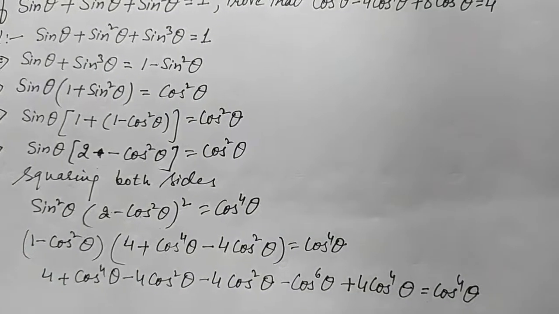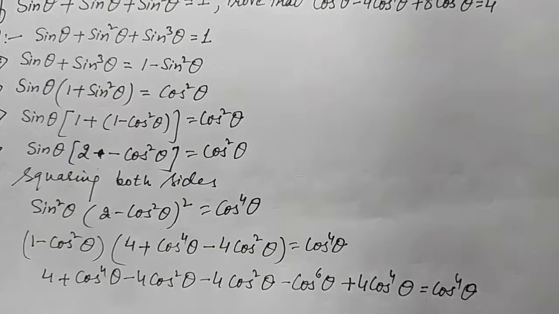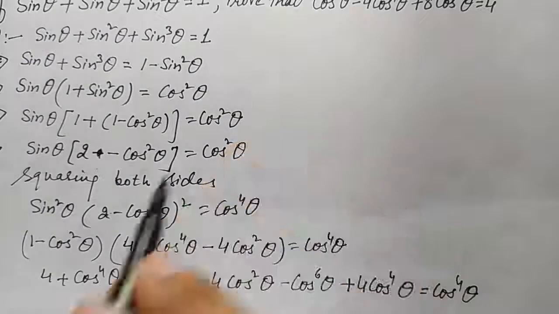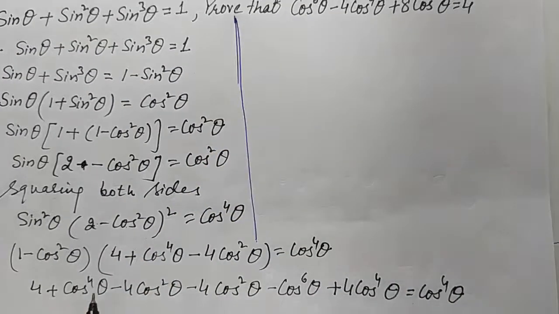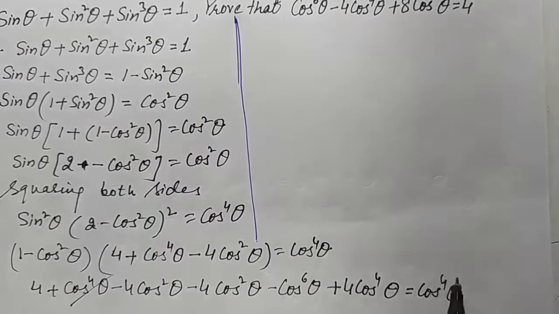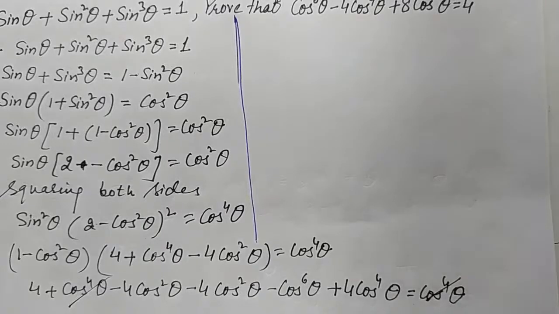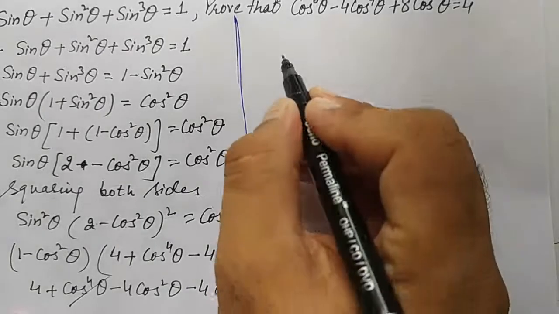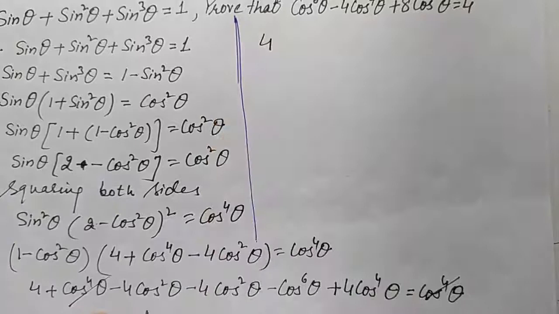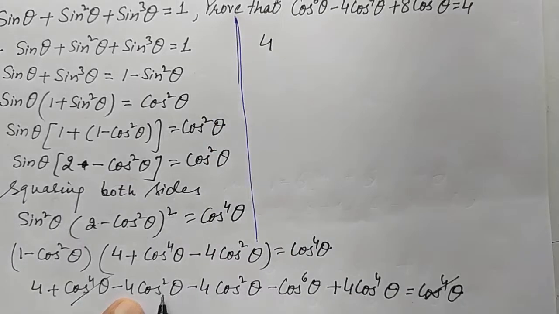Now you can see that any like terms we can cancel. So let's write on this side. First of all, cos power 4 theta and cos power 4 theta can be cancelled on both sides. So what is left? 4, then cos square theta, any like term?